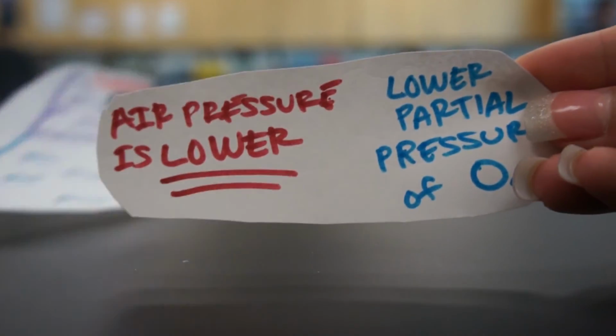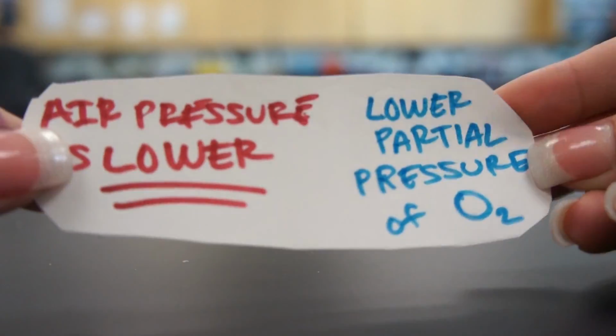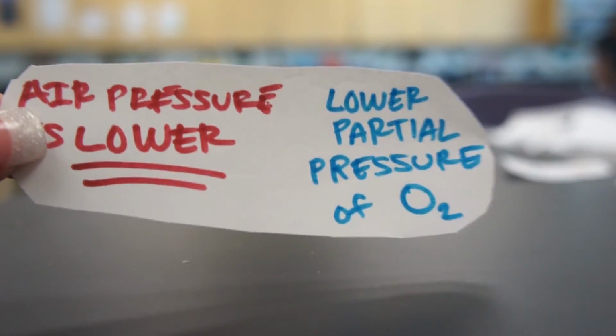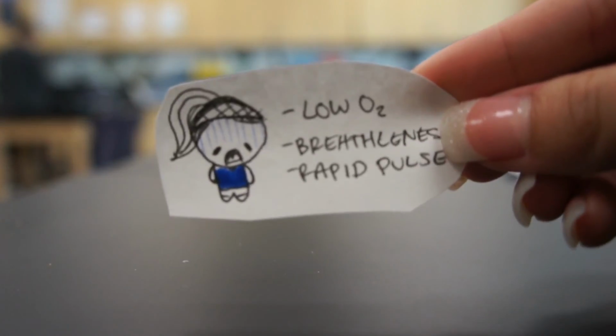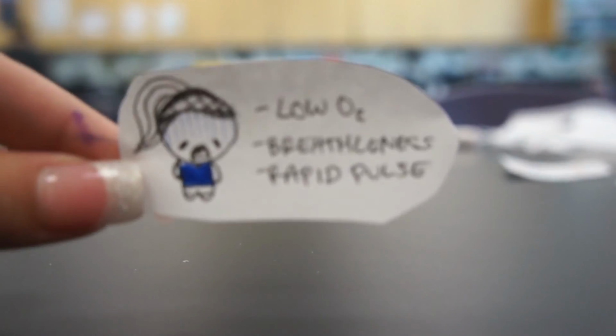This makes it more difficult for hemoglobin to take up and transport oxygen from the alveoli and causes many tissues to receive less oxygen. A person unaccustomed to these conditions will display symptoms of low oxygen.